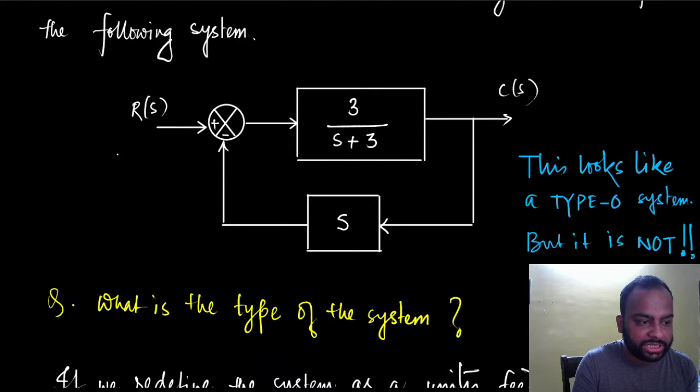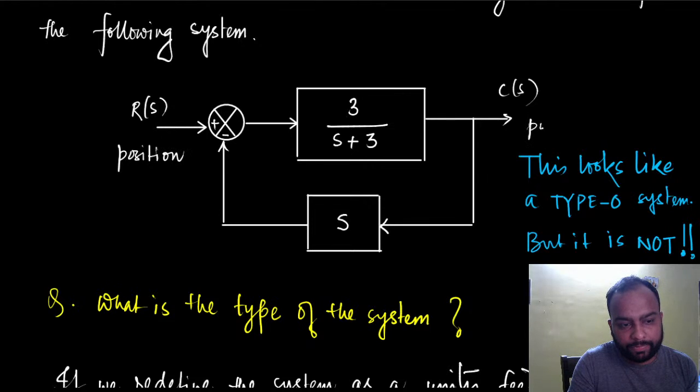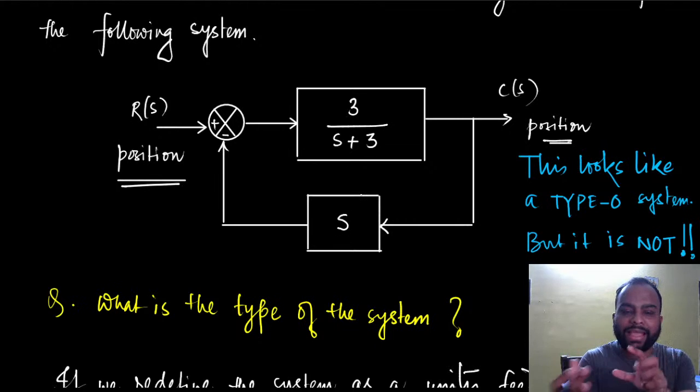If the input is a position input, then the output is also a position output, right? But what is the feedback? What is s? You already know that multiplying a signal with s essentially means we are differentiating the signal.